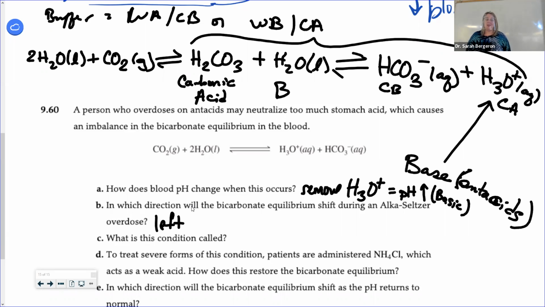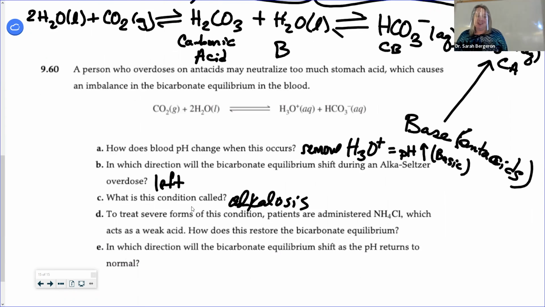And when you were reading in the textbook, what is this condition called? I talked about it in the lecture too. If you're basic, another way to say basic is alkaline. Have you heard that before? So they call it alkalosis, instead of acidosis. If you have too much acid, you're acidotic. If you don't have enough, you're alkalotic.